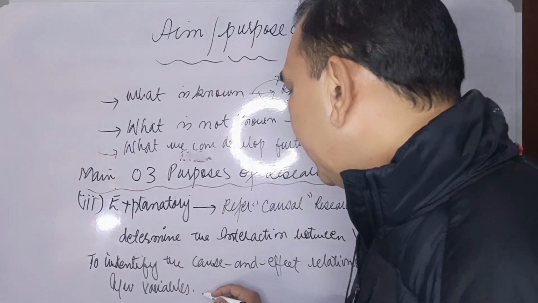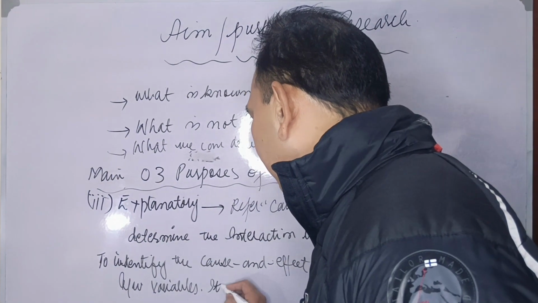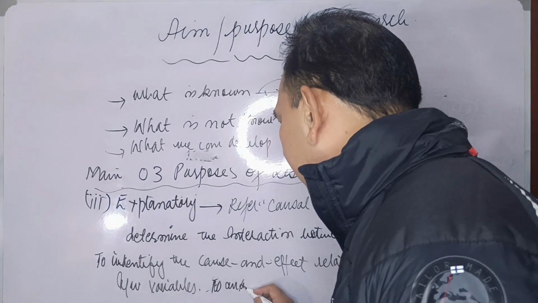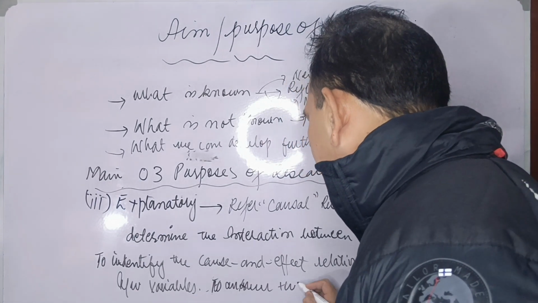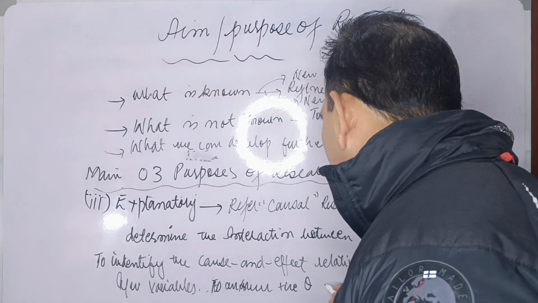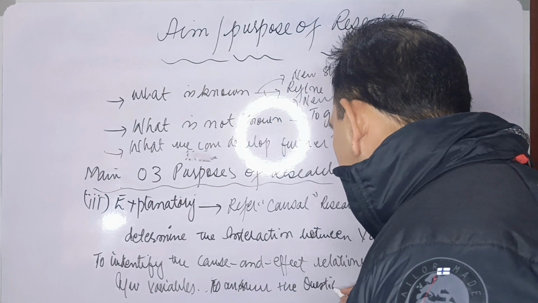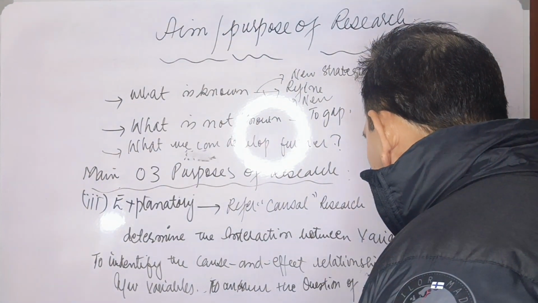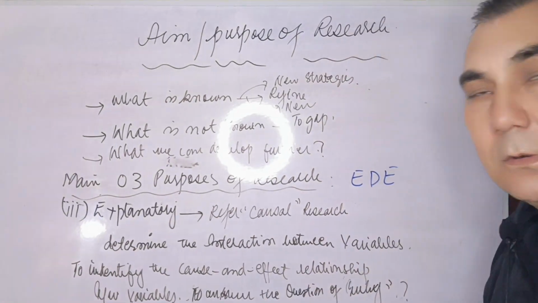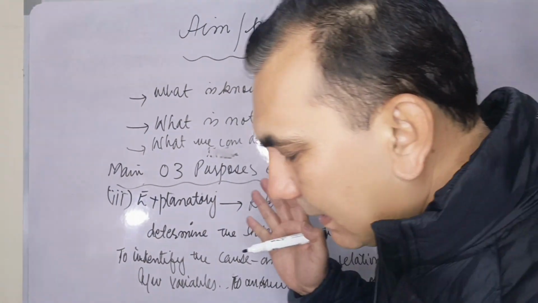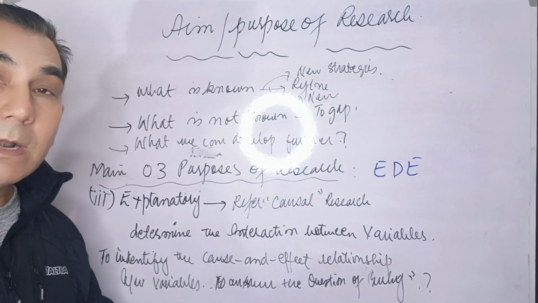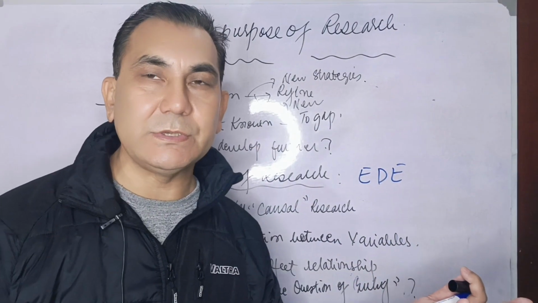So in the explanatory research purpose, you will answer the research question of why. Whenever you answer the research question of why, definitely you will go for the research design.